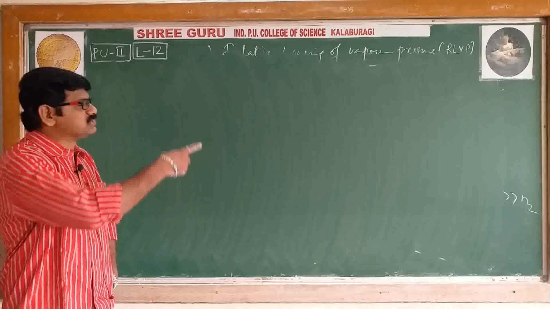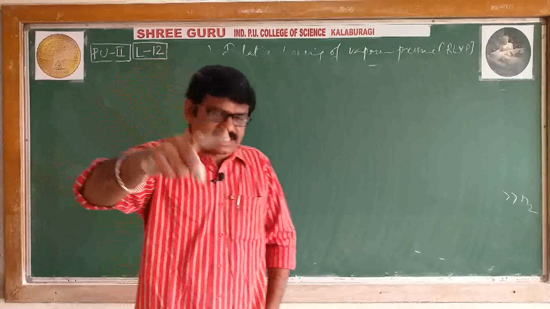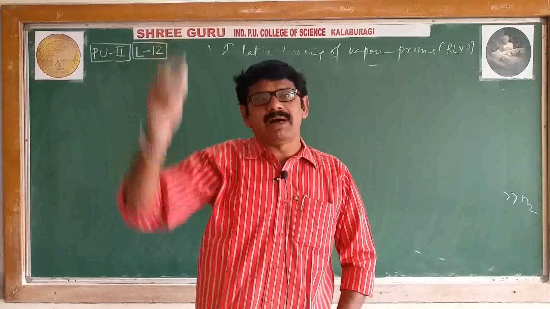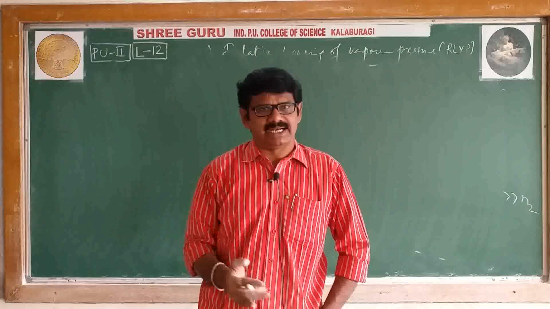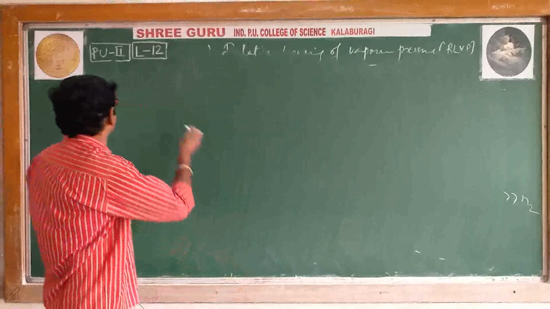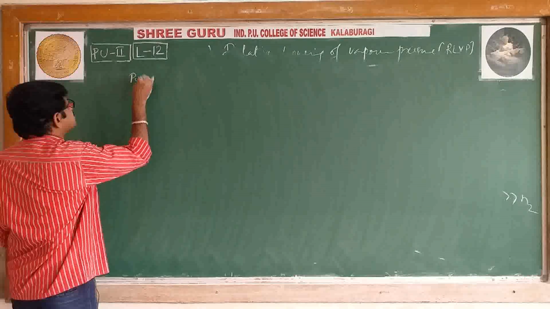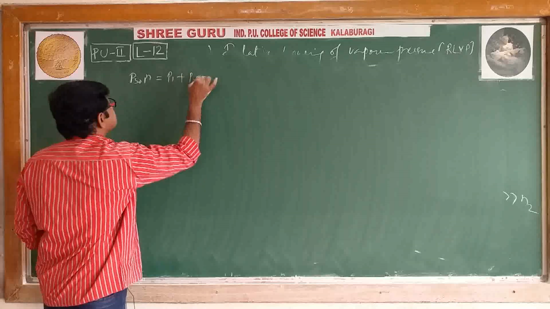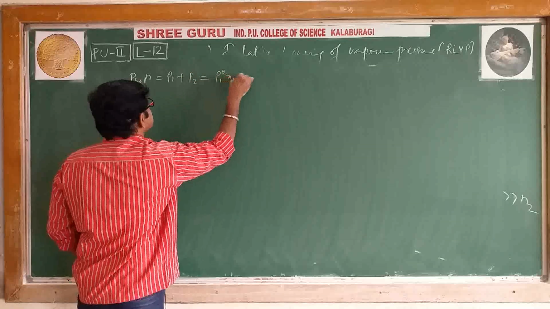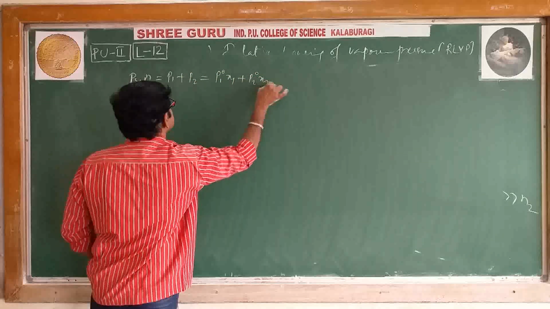Before we discuss Raoult's law of a solution which contains a non-volatile solute, we will go back to Raoult's law of a solution which contains volatile components. Both are volatile. If both are volatile, how to write? P solution is equal to P1 plus P2, equal to P1 naught x1 plus P2 naught x2.